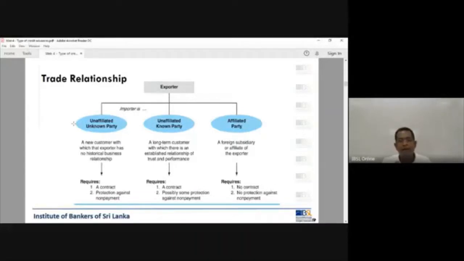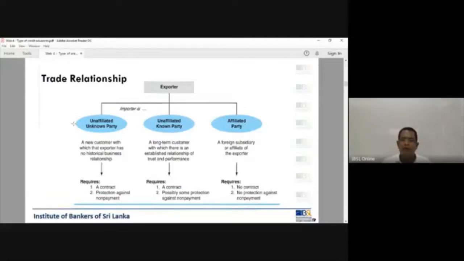Then unaffiliated known parties. There has to be a contract, buying and selling agreement or invoice or whatever, pro forma, purchase orders; I'll come to those things later. Then maybe I have dealt with this supplier, so I don't want a fully covered contract, but I need some sort of protection against non-payment.